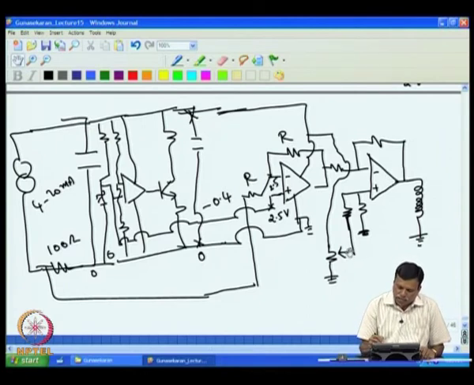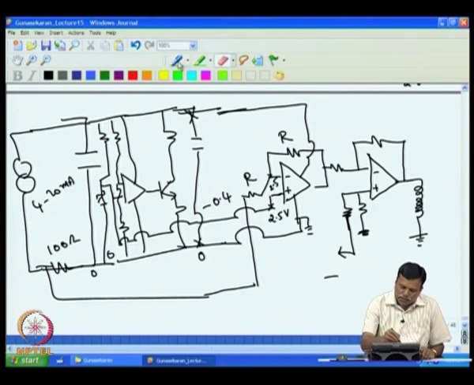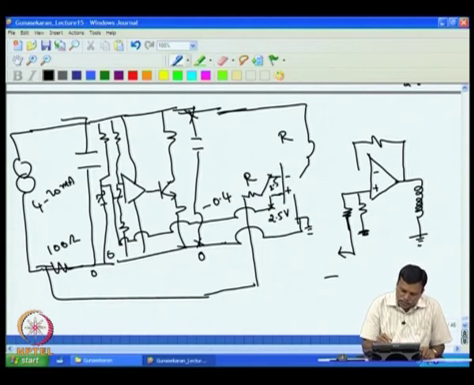If this current is more, then obviously the error voltage will be more, because we have set this one, and if the current is more, we want the actuator to move positive, then I can modify even this. For example, even we can do this way. So, okay, this got erased.